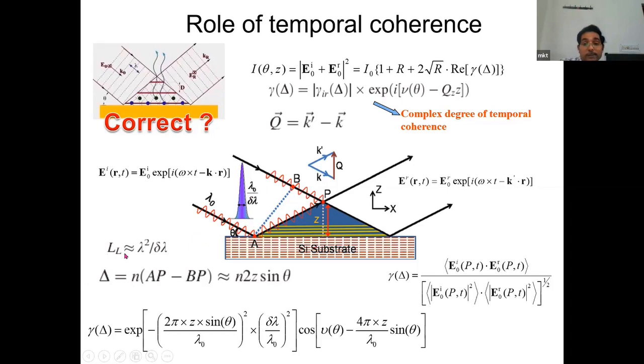And this temporal coherence length is basically described by lambda squared over delta lambda; you just have to multiply by lambda. And then if you want to define the complex degree of temporal coherence, it is basically the time-averaged product of the incident field and the reflected field, divided by the time-averaged intensity of the incident field.